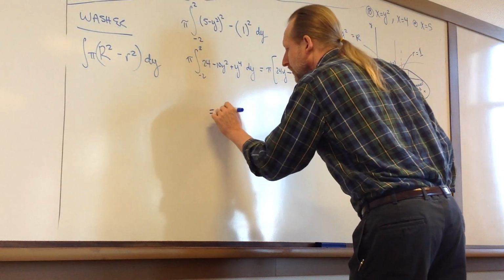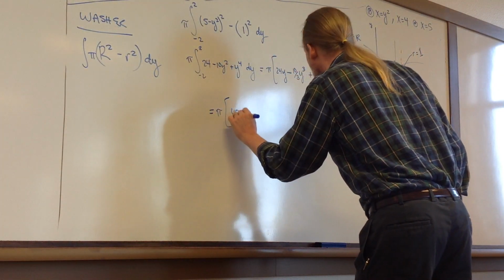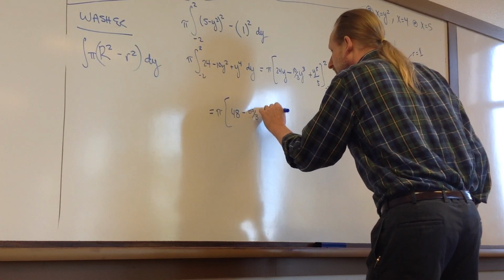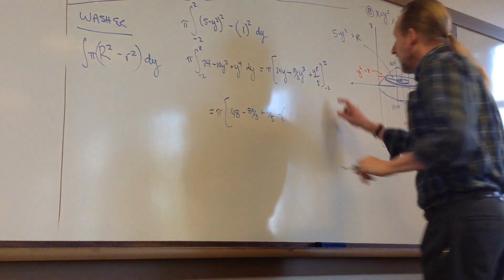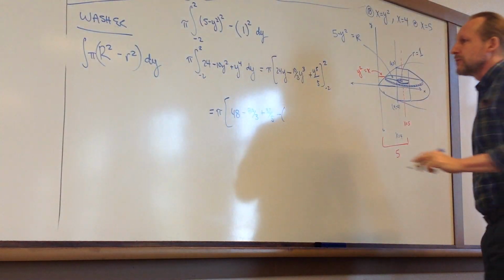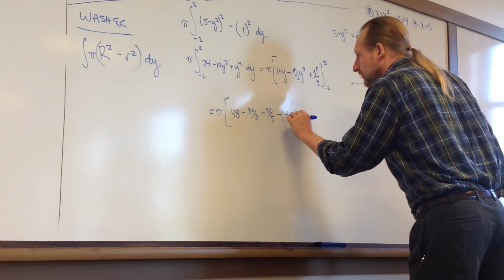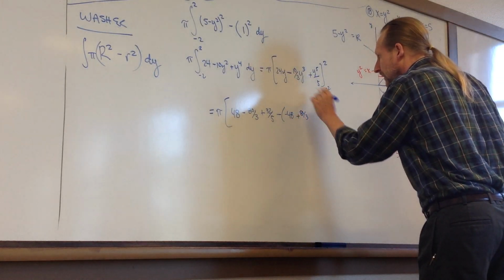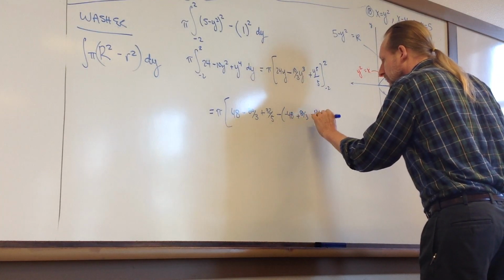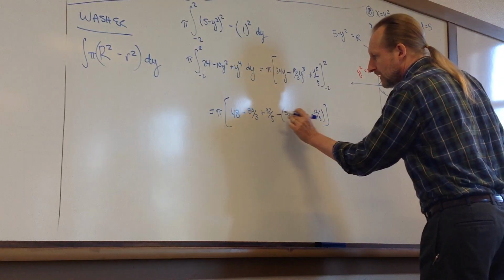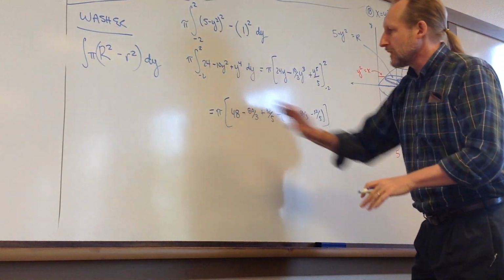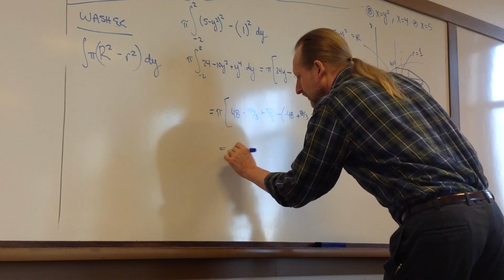So, to evaluate this, this will be 48 minus 80 over 3 plus 32 over 5. And then don't forget, we've got to plug that negative 2 in there as well. This will be minus 48, positive 80 over 3, and negative 32 over 5. But this minus sign is going to change all of these signs. And that's just going to double what we got in the first place.